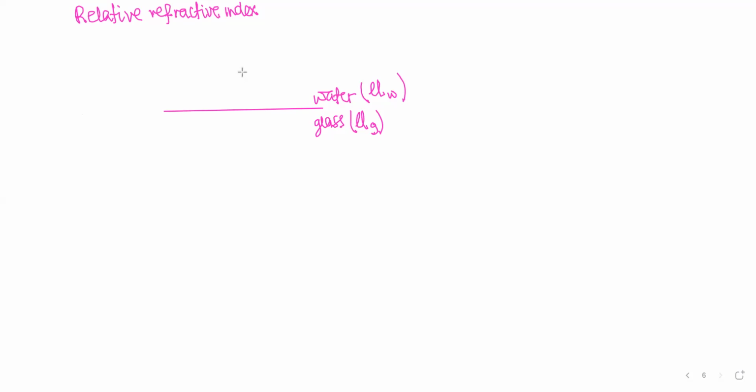This is the normal. So the path of light is from water to glass. Will it bend away or towards the normal? How will it bend?